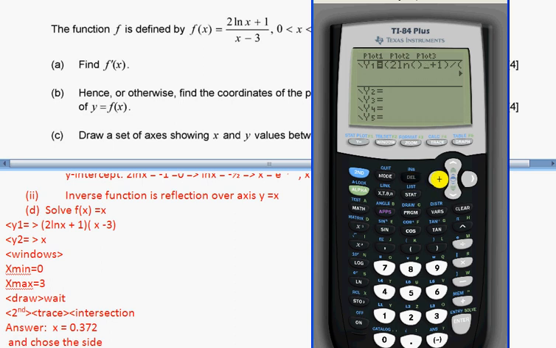Okay, 2 logarithm x plus 1. So logarithm gives bracket, so you should close this bracket. Right. And let's check the rest part, x minus 3. This is one function. Another function is x. So what we're going to do, we're going to draw them and find intersection. So and it should be from 0 to 3. Yes, from 0 to 3. Let's draw.